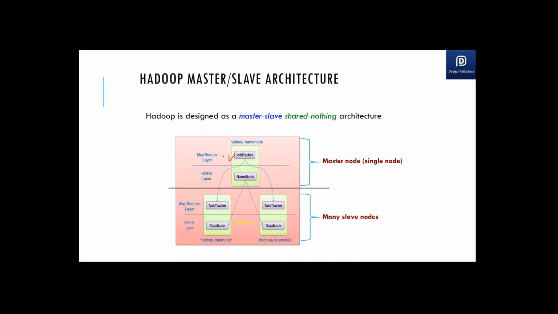Task trackers are the real workers which process your data, while the job tracker just manages the processing in the cluster. Any request to process data goes to the job tracker. The job tracker then distributes that request to the task trackers on the data nodes, and those task trackers really run the request of processing the data on the data nodes.